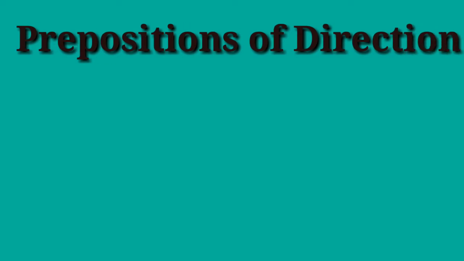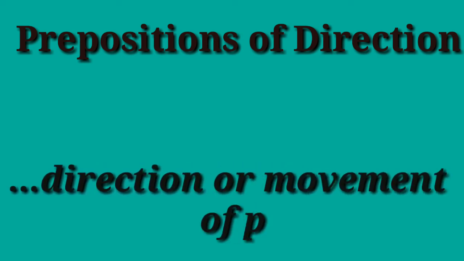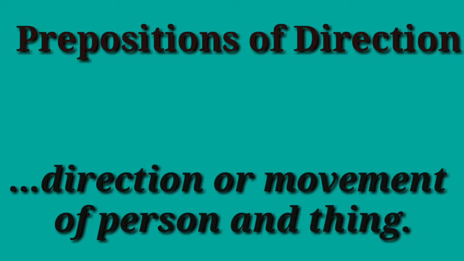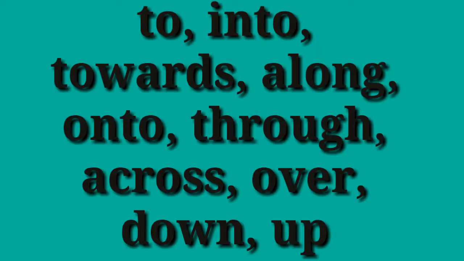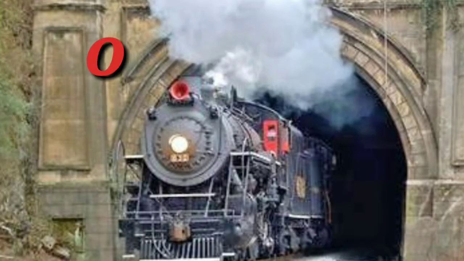The last one, prepositions of direction. Prepositions of direction denote the direction or movement of persons or things with respect to something else. For example, to, into, towards, along, onto, through, across, over, down, up, etc. For example, the train went into the tunnel.